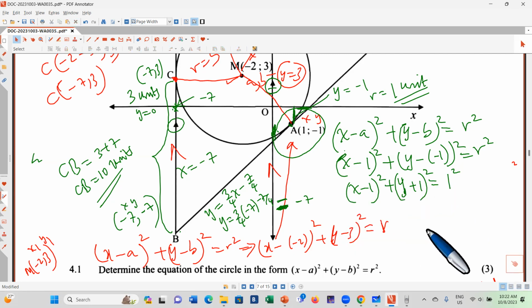So we have this. So that is the equation of the circle they want, that is centered at A, and has the x-axis and the y-axis as tangents to it. So yeah. Good question. Next question. Next one.